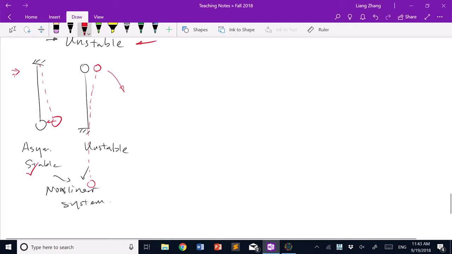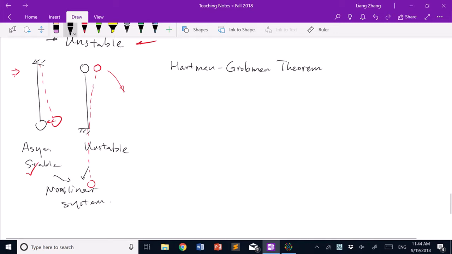Now, in general, how can we determine this? The determination criteria used in the linearized system is called the Hartman-Grobman theorem.